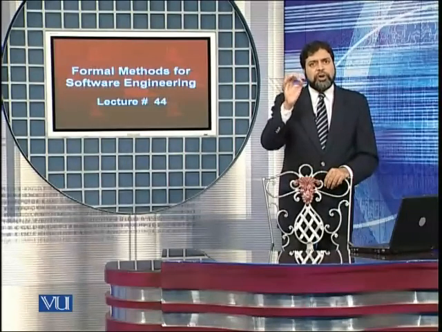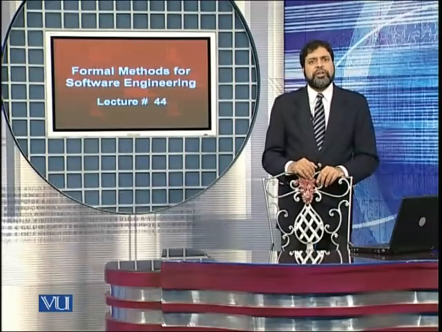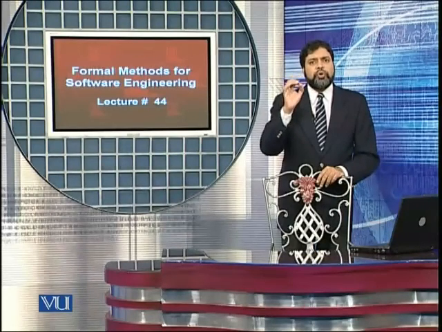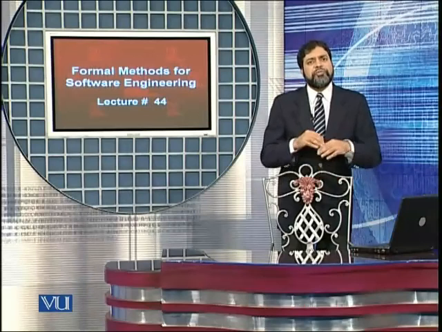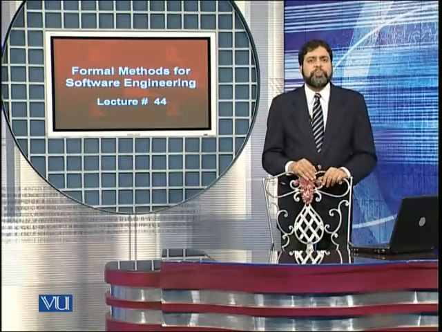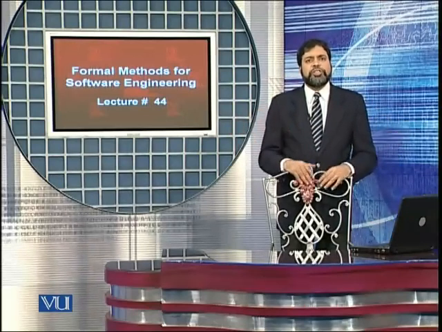But the zero-test Petri net has been shown to be equivalent to a Turing machine. So anything that you can do with a Turing machine can also be done with a zero-test Petri net, which is otherwise not possible.